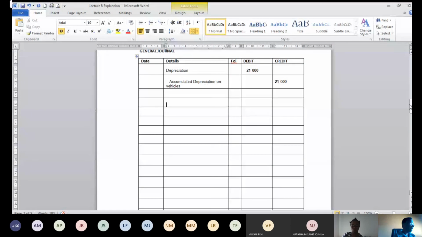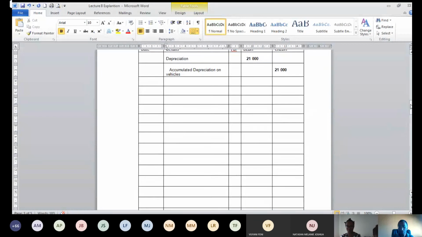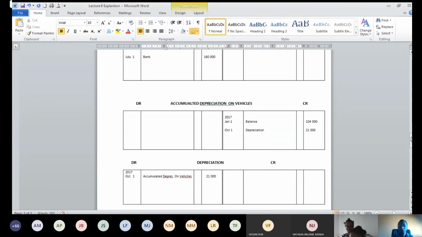Go to your ledger account for the accumulated depreciation. You will see that this is the accumulated depreciation on all our vehicles. However, if we are selling one of our vehicles, we don't have that vehicle anymore, so your accumulated depreciation will of course decrease.